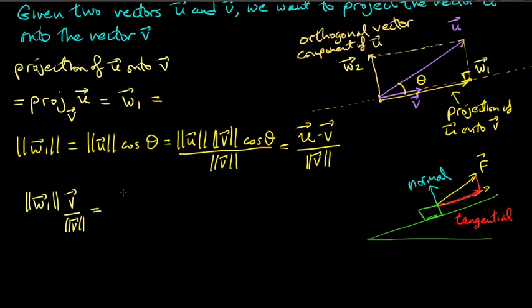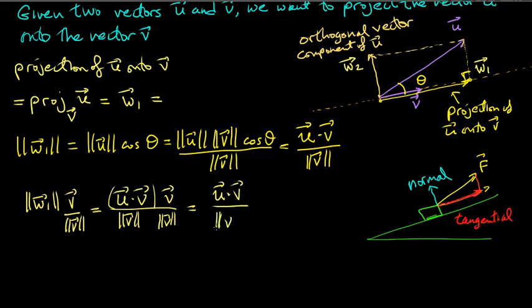And so if we do that, now we have the magnitude of W1, which was U dot V, right, times V itself, divided by the magnitude of V. And of course, this is also divided by the magnitude of V. So we get U dot V divided by the magnitude of V, or the norm of V, squared, all times the vector V.